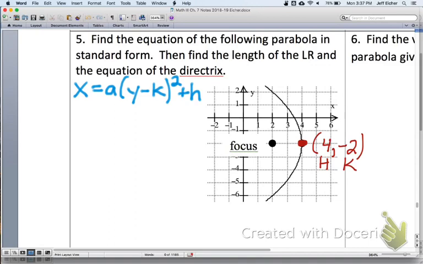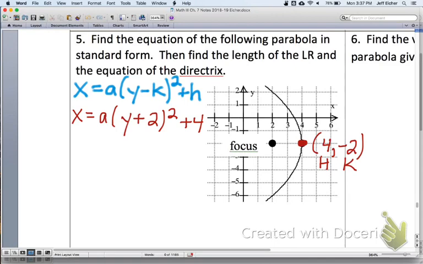Labeling those, when we go over here to write that, we get x equals a(y minus k). K is negative 2, so minus a negative is plus 2, squared. And then h is 4, and you just do a plus 4. So it does take a while. It's very easy to mix those up. So be careful to focus. Okay, well, anyway.